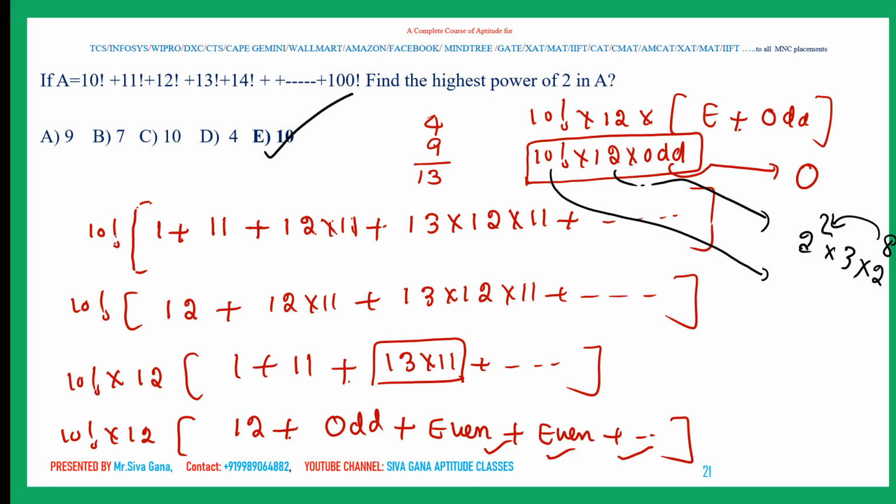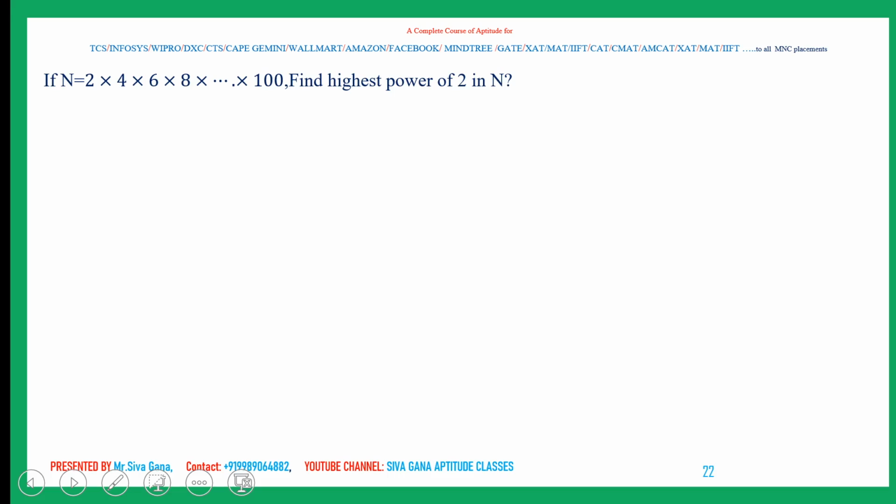You have to write the given number in this way so that you can crack the question. These are all the original placement questions which will give you some idea about how to solve these types of questions to get the highest powers. These are not straight questions, these are indirect questions.